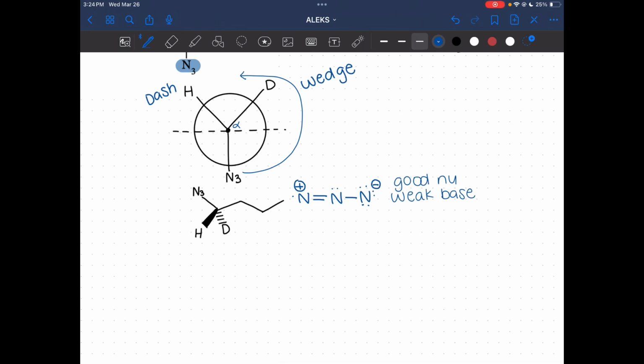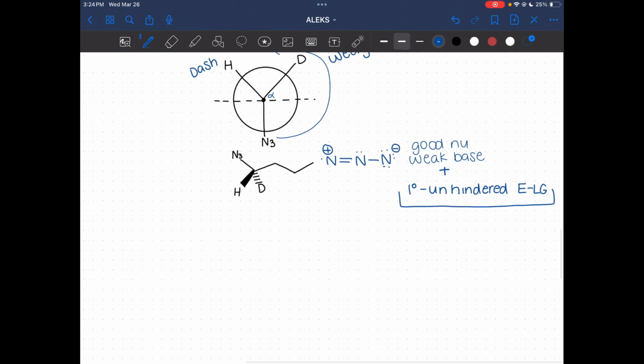If I pair a good nucleophile, weak base plus something that is primary unhindered, the mechanism I'm going to overall get from this is SN2. And just as before in the last problem I did, what do we know about SN2? The main characteristic that comes with this mechanism is inversion at the alpha carbon, or stereocenter we're dealing with.